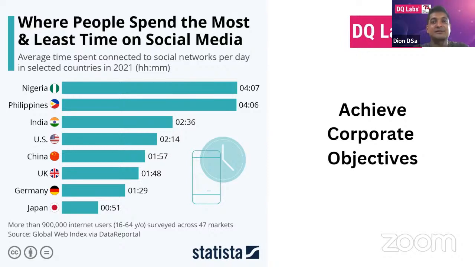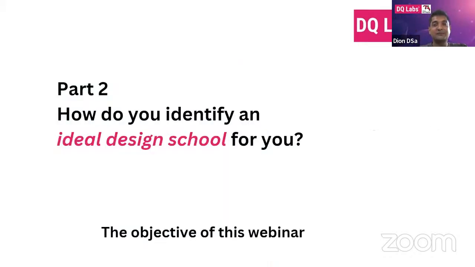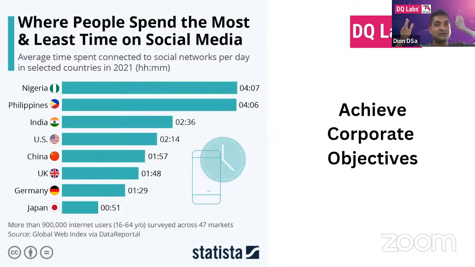The more time we spend on social media, the more successful those apps are, and those are achieving corporate objectives. So we've given two examples of one person creating a huge impact and the other person purely focusing on corporate objectives. So this is the description of the range of careers that are available in design.